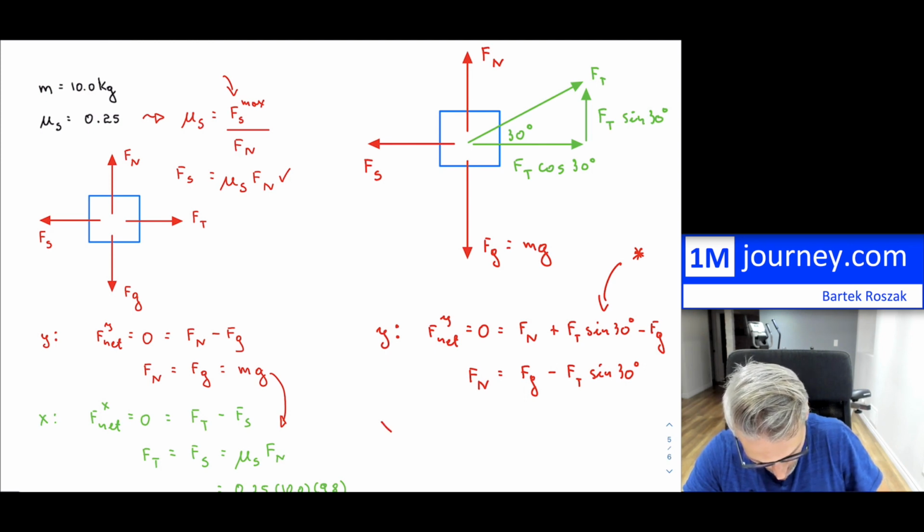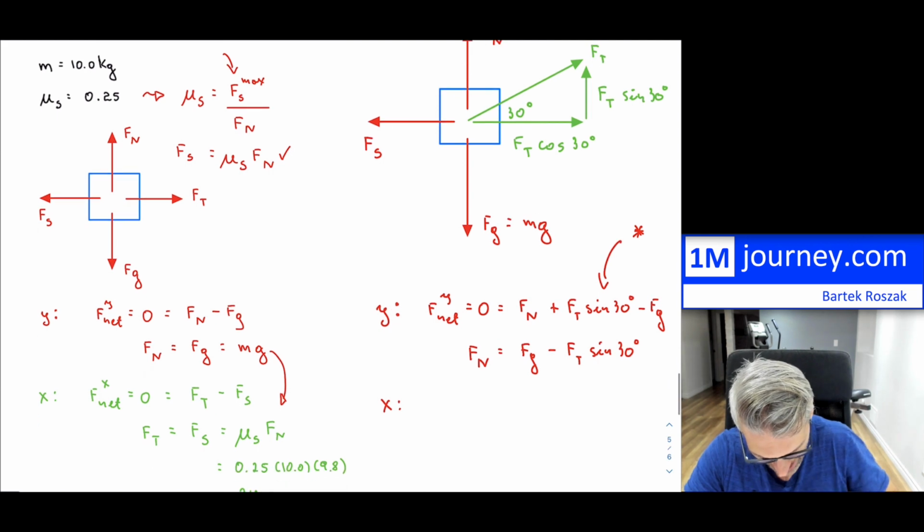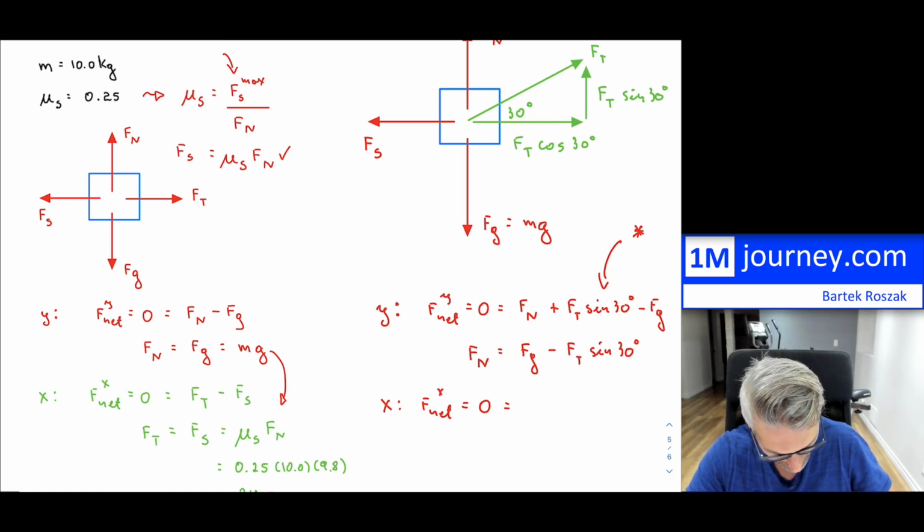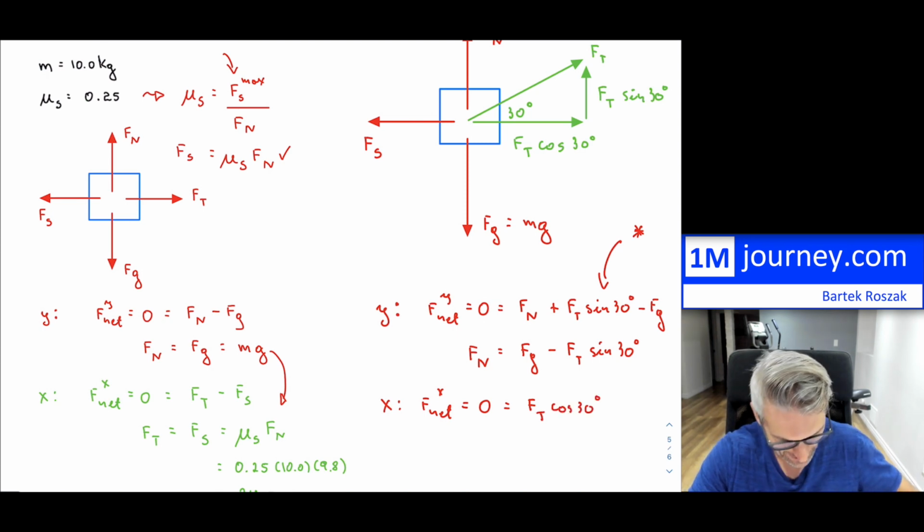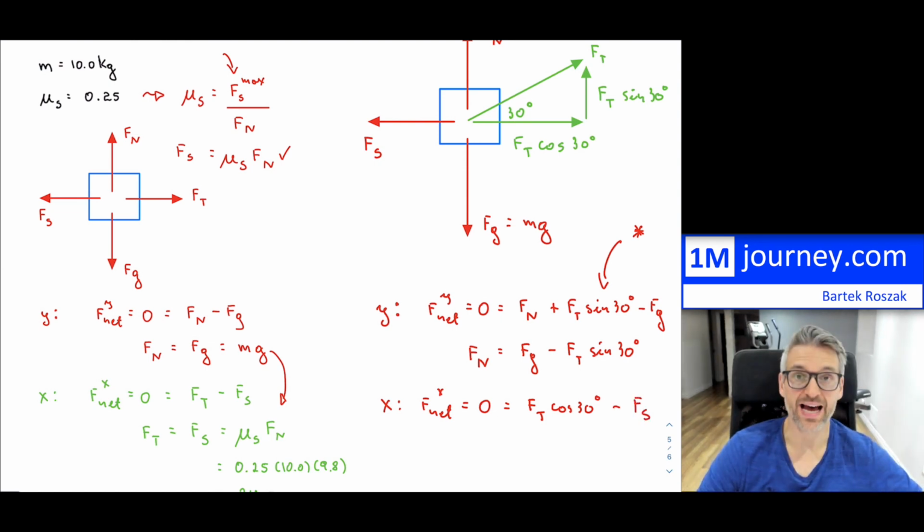So our next piece is for the x component right there. So what do we have? In our x component, this is still equal to 0. Now I'm going to be dealing with the force of tension, which is going to be cos of 30. That's what we have in the horizontal, minus the actual static friction force, the maximum that is allowable.